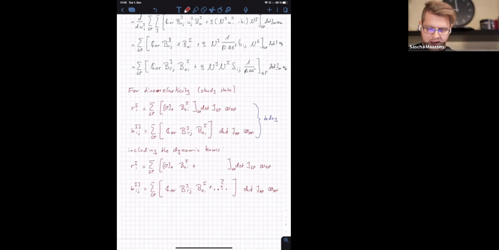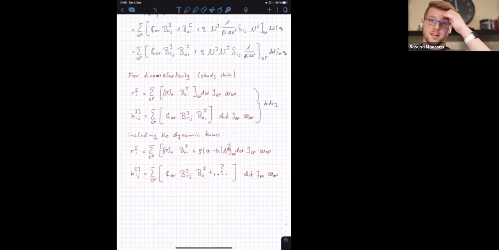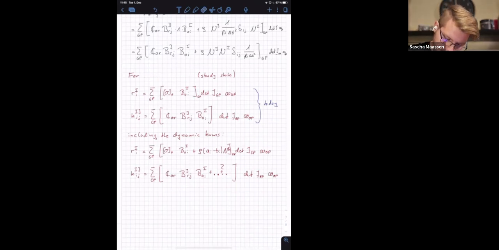Okay, so as a quick summary of all these derivations, we could say the following. For implementation of linear elasticity in the steady state case, that means no dynamic terms, we have this expression for the element vector and that expression for the element matrix.